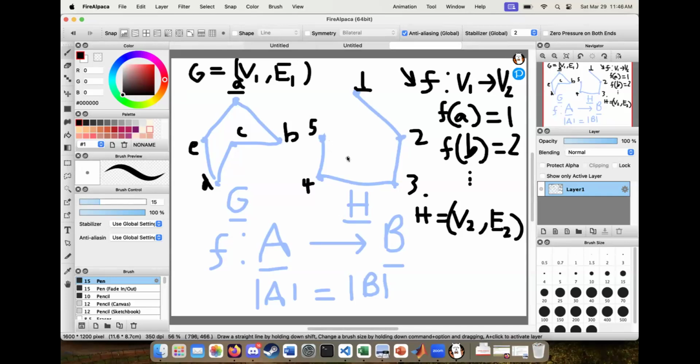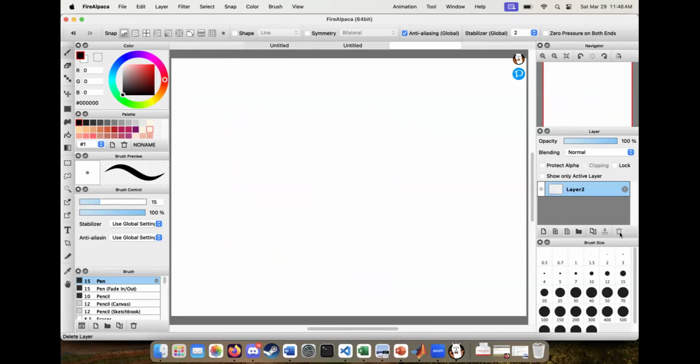Okay. Another thing about bijections is, let me just erase this. So very quickly, in discrete math before this class, you learned about functions. So you learned about injective functions and surjections, right?